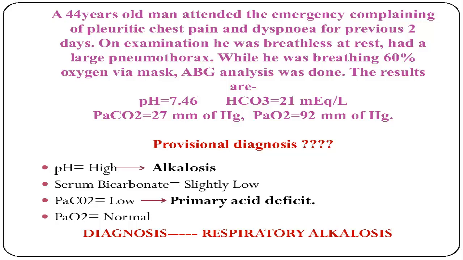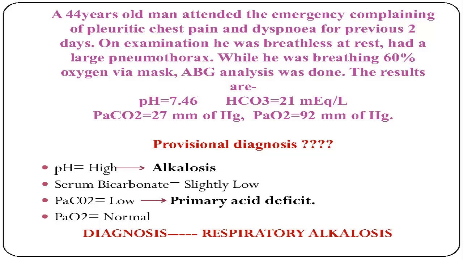Now coming to the next point, the partial pressure of oxygen is normal, but the partial pressure of carbon dioxide is low. So here there is primary acid deficit. So it is a case of respiratory alkalosis. Why? Because the alkalosis is due to primary acid deficit. Clear?